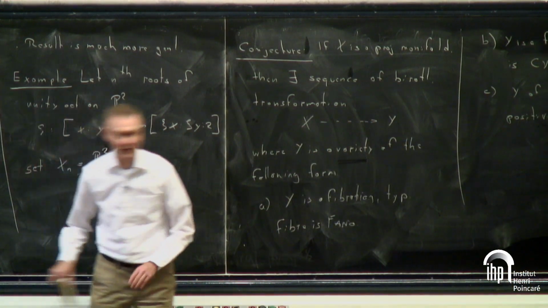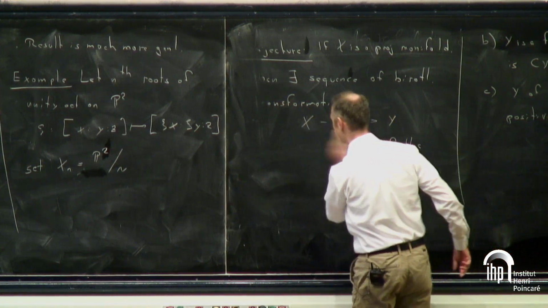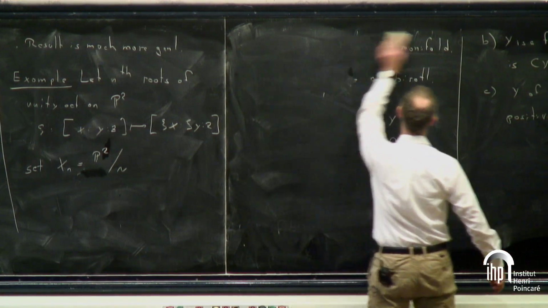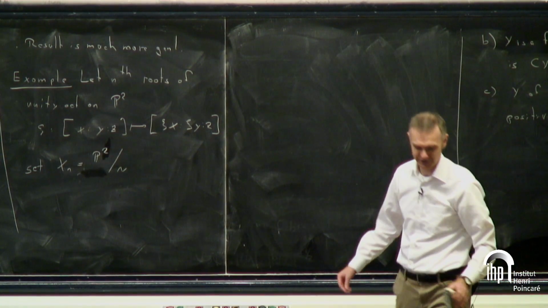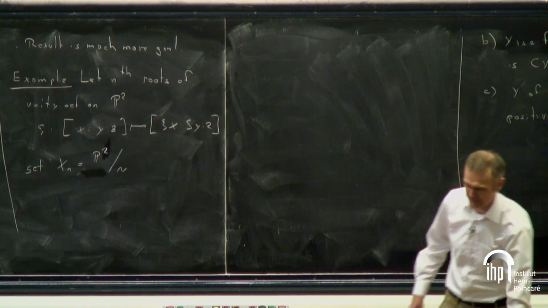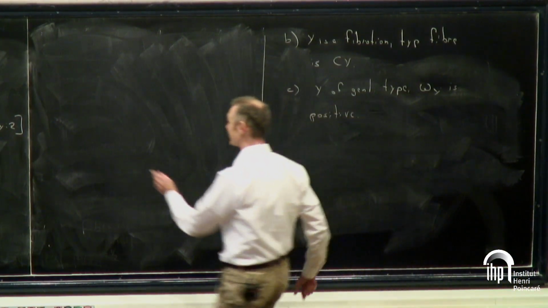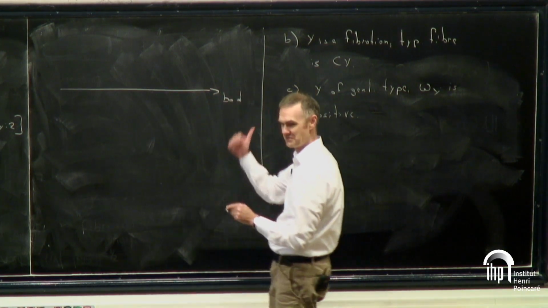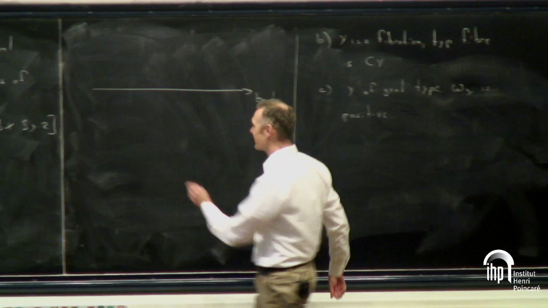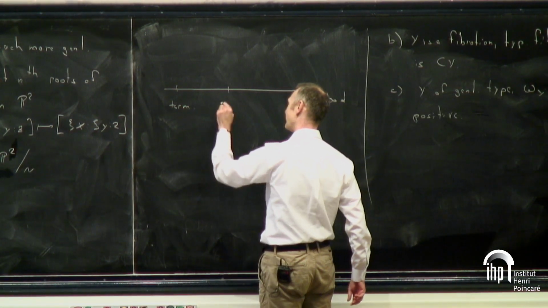And to illustrate what Birkar's result really is, let me just draw a picture. In birational geometry, there's a measure for how bad singularities are. It's the discrepancy. I'm not going into any details. So here's the discrepancy, and this here means bad. So we have terminal singularities that are not so bad.